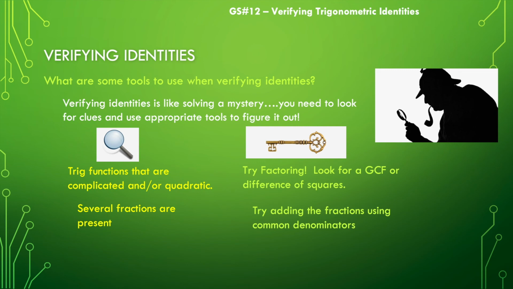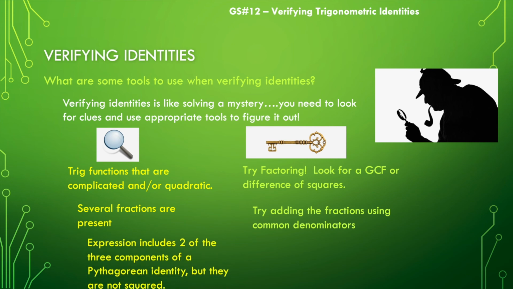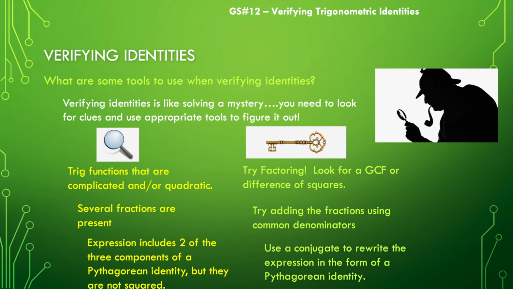You may end up with an expression that looks familiar in the numerator and/or the denominator that you can then simplify further. And last, what if your expression includes two of the three components of a Pythagorean identity, but they're not squared like in the Pythagorean identities? Well, in that case, you may want to consider using a conjugate. Using a conjugate to rewrite that expression would allow it to become a Pythagorean identity, and then you could replace it with its equivalent.